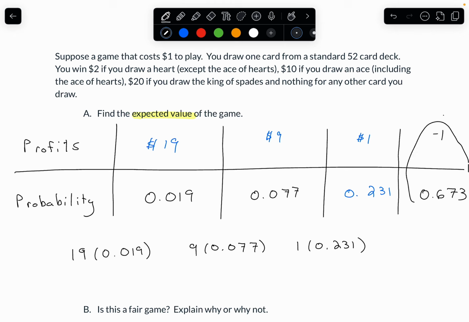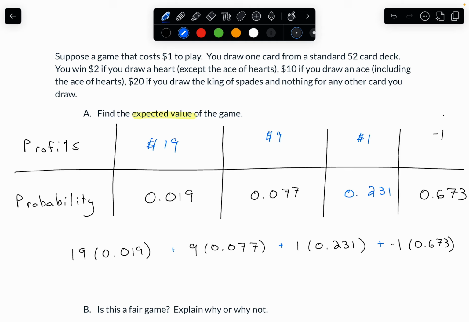Doesn't really matter that it's negative. I'm still going to take that -1 and multiply it by its probability, -1 times 0.673. And once I have all of those, I'm going to add the results. You can do this all in one step if you want.